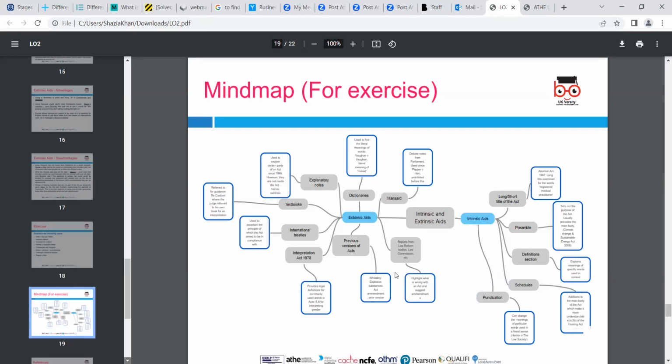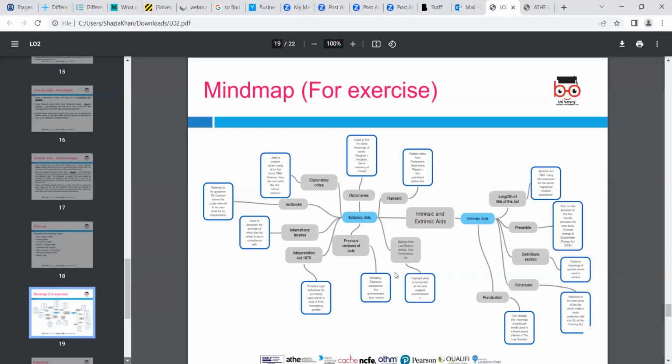And then you've got definitions in the act, which explain the meaning of the specific words used in context. And then you've got the schedule of the act, which adds to the main body of the act and makes it more understandable.